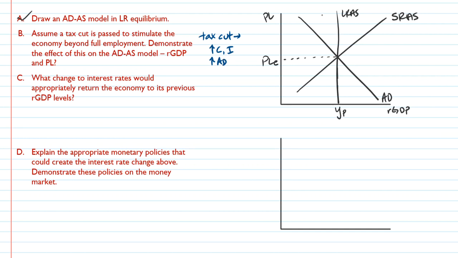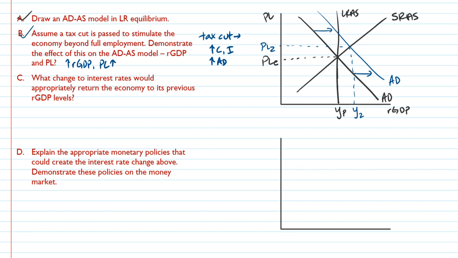And we can come over and shift our aggregate demand curve to the right. And this rightward shift in aggregate demand will put us at Y2 and PL2. So we can see that real GDP has increased and price level has increased as well.